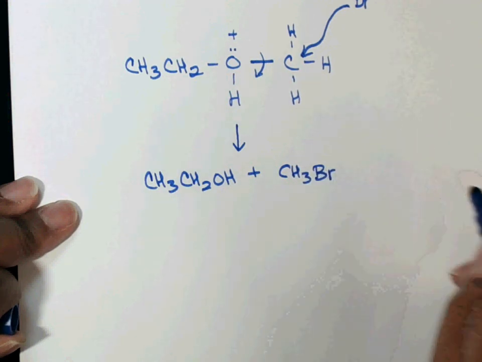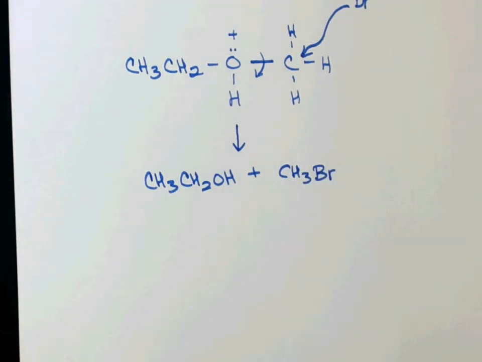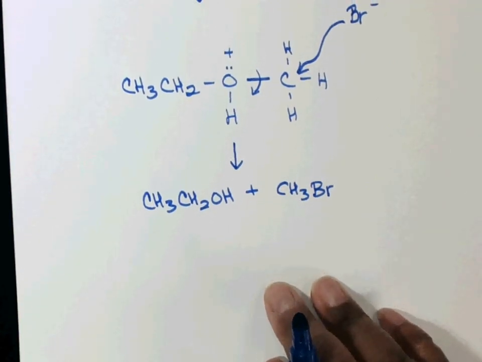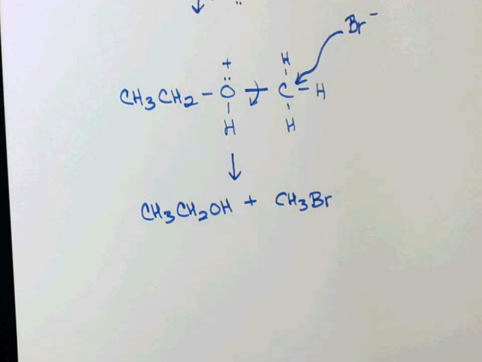and methyl bromide. Now, I already know what you guys are thinking. Why did the bromine attack the methyl carbon? Could it have attacked the ethyl carbon on the left side? Yeah, it could have. Remember, in the end, you're going to wind up with two alkyl halides.